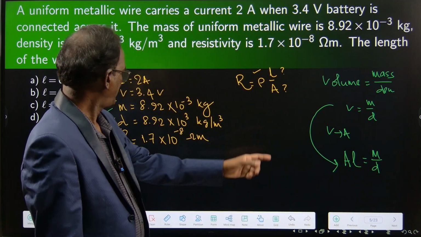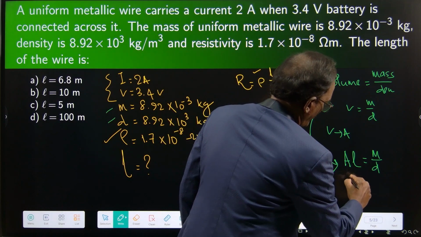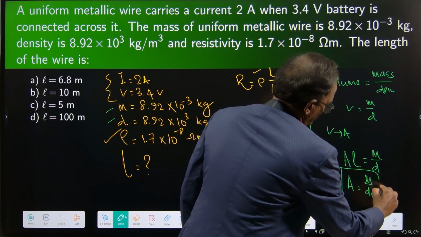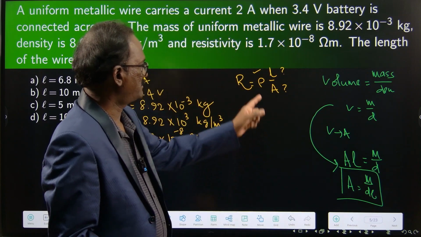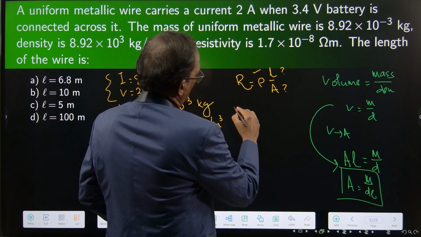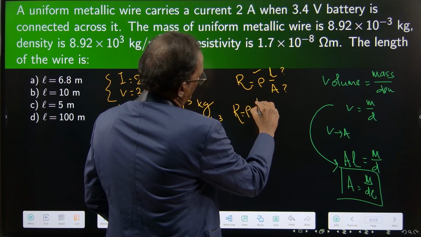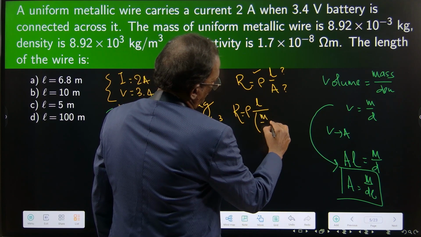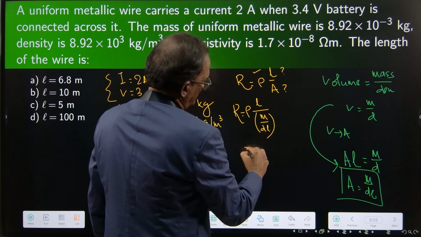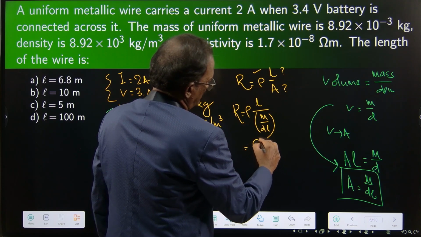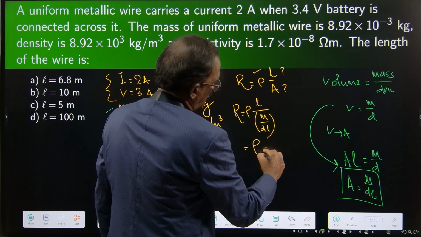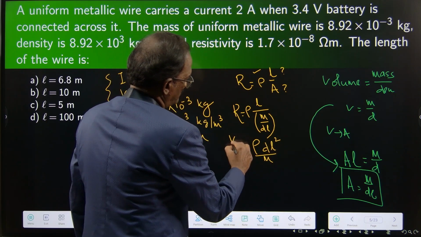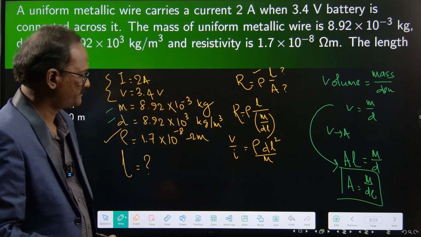So from here we can write A as M upon DL. Let us put it here. R is equal to rho L by, instead of A, M upon DL. This will be rho into DL square by M. R is equal to V by I from Ohm's law.